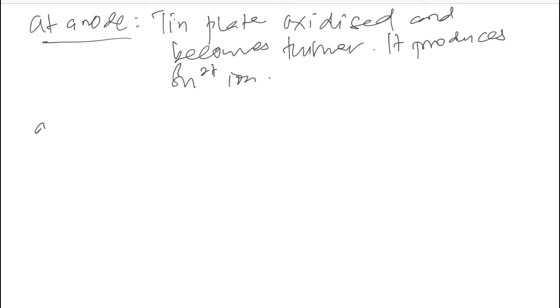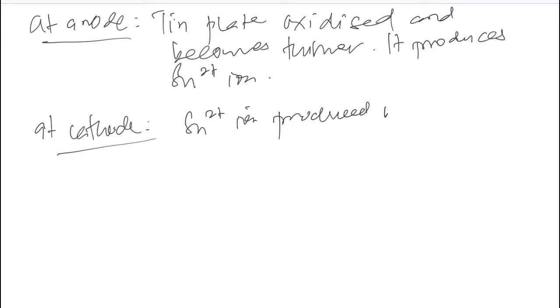Okay, whereas at the cathode, what happens is the Sn2+ ion is reduced. Reduced, not added. Reduced to... Sn2+ ion produced, wrong, sorry, just a moment, I read it against it.